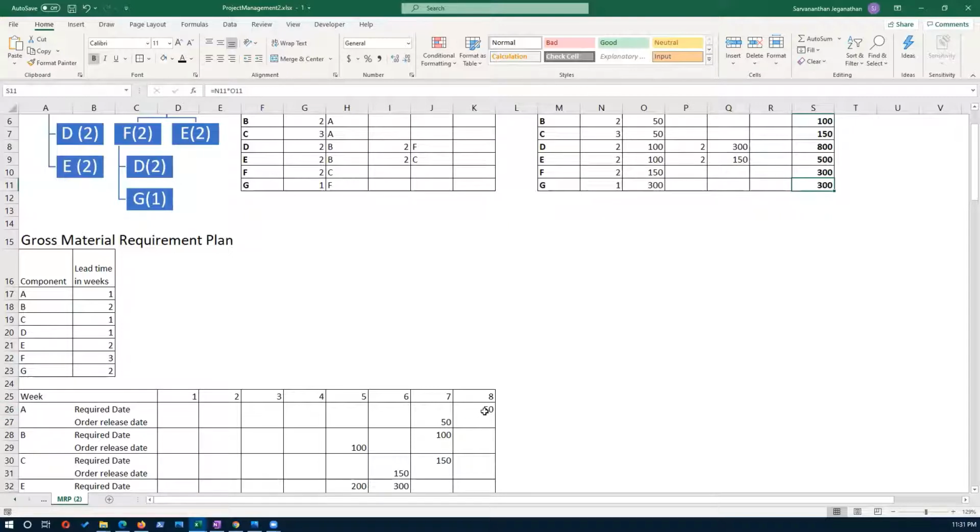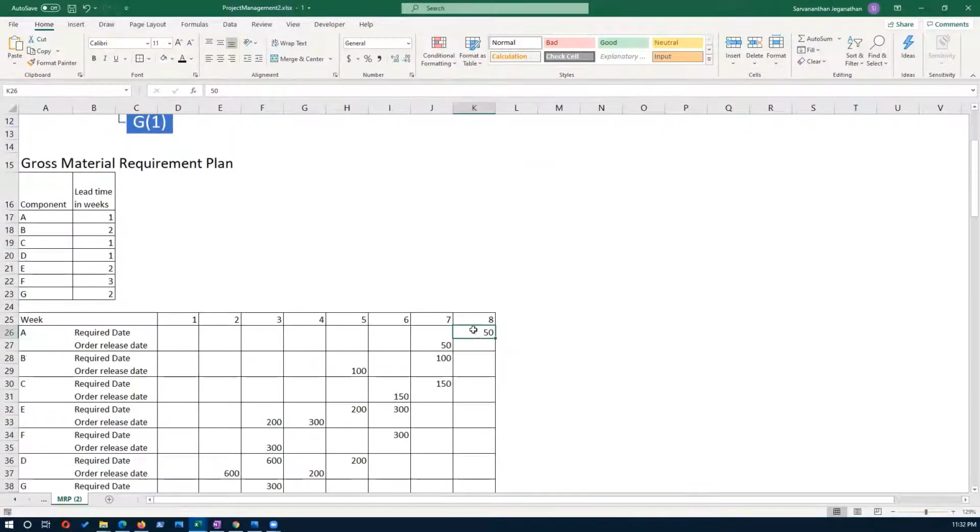So we need to manufacture 50 units of A, let's say by week 8. Now, we may not know this for sure at the beginning, but as you work backwards, you can find out the number of weeks you need to get this product completed.